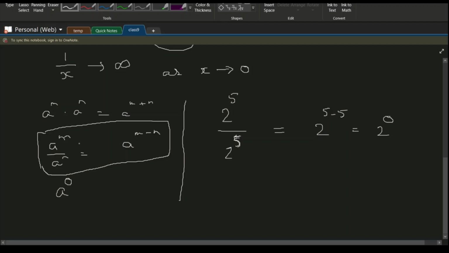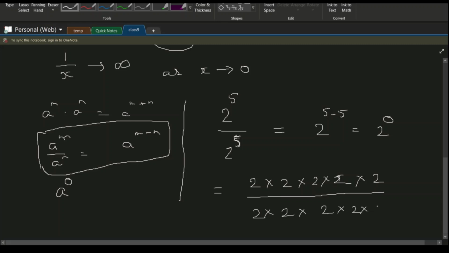But let's say we don't use this exponent rule, and we use our regular method of simplifying such expressions. In the numerator I have 2 to the power 5, so I can write it 5 times, 1 2 3 4 5, and in the denominator also I can write it 5 times.